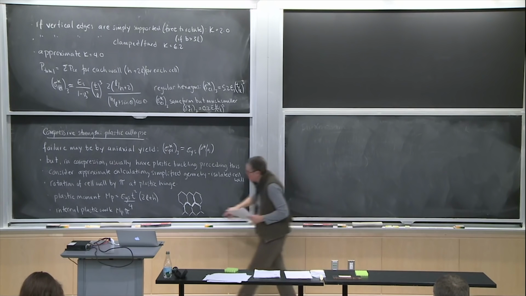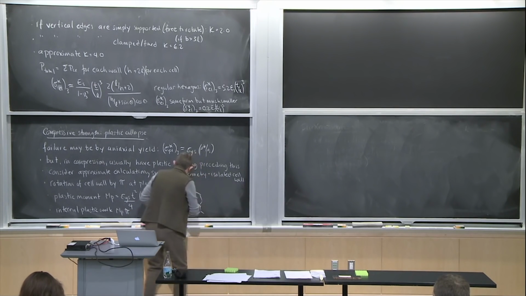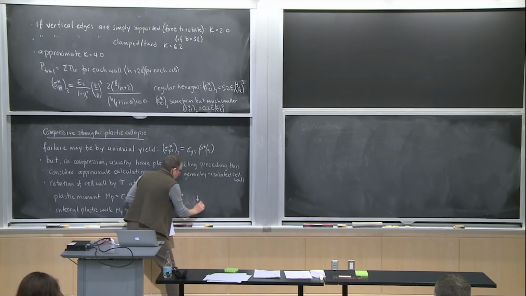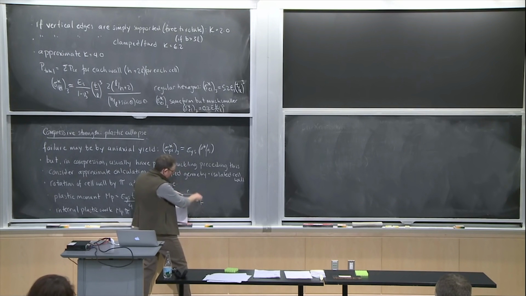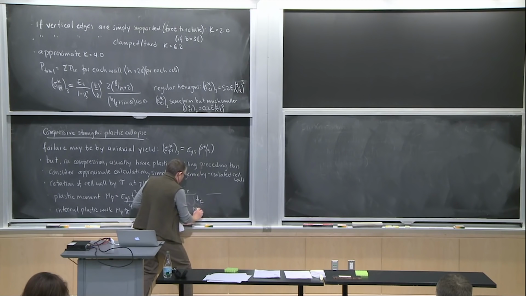So are we okay with this, that the work done is M times an angle? So imagine you have a point here, and you have some force over here. Let's call that F. And say the force is a distance r from the point. The moment here would be r times F, right?